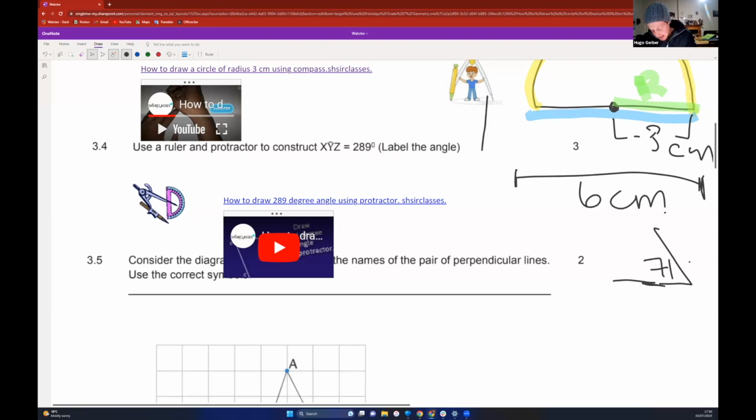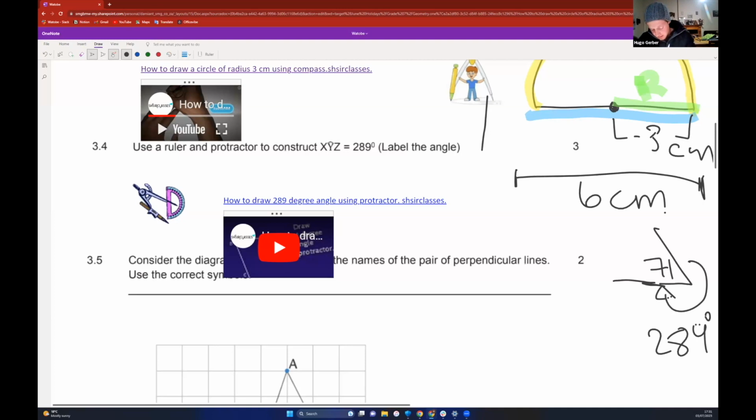And then we know that the outside will be 289 degrees. And they say we have to label our angle.